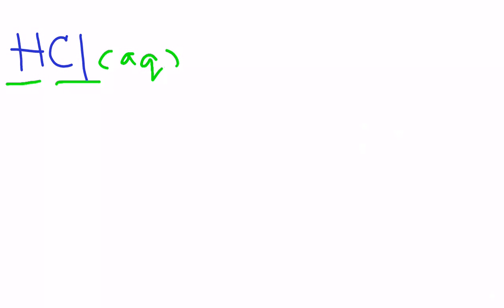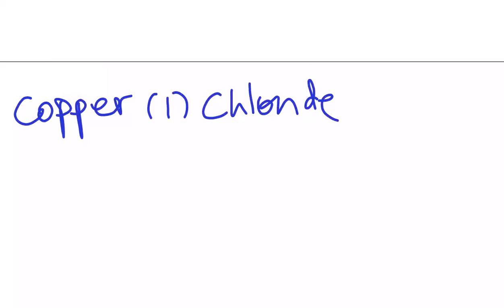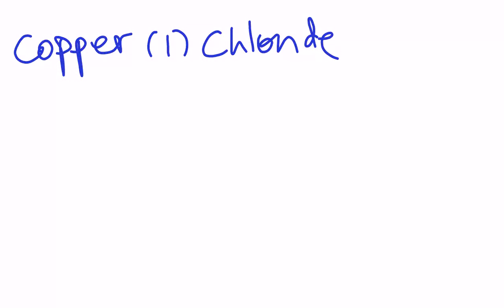And we're going to write hydro plus the base name of the nonmetal plus the ending IC, hydrochloric, and then we write the word acid. So HCl is hydrochloric acid. All right, so let's look at another one.